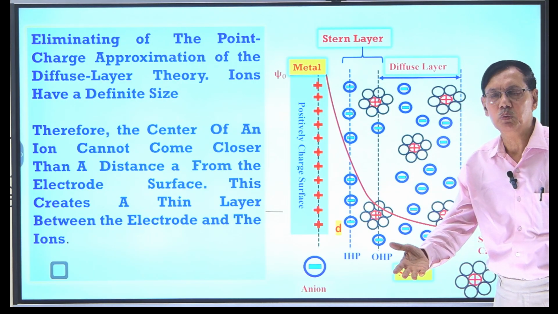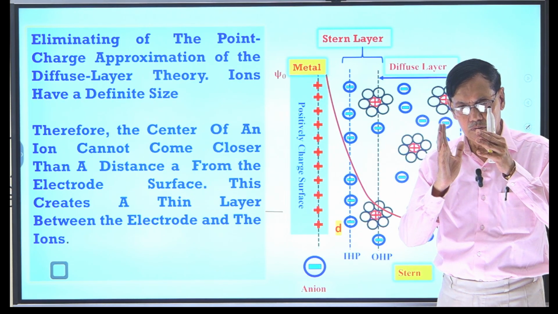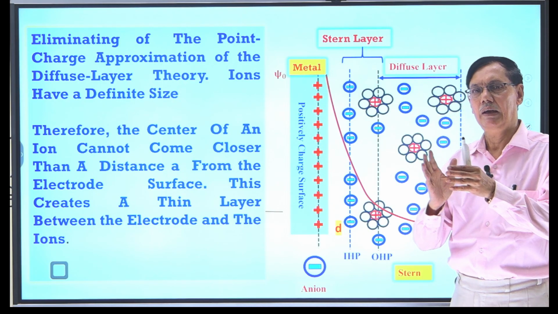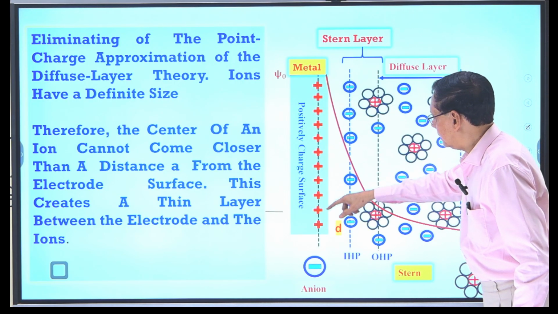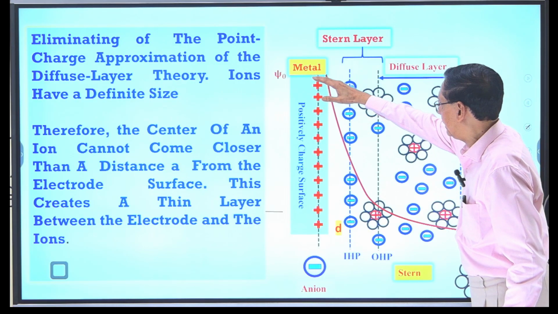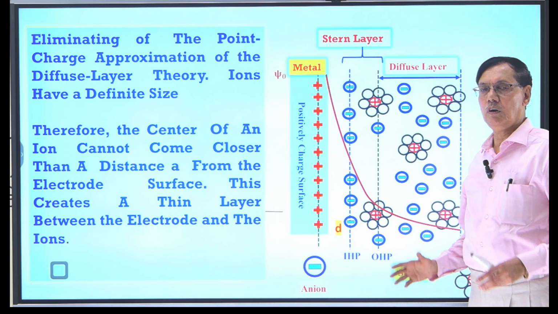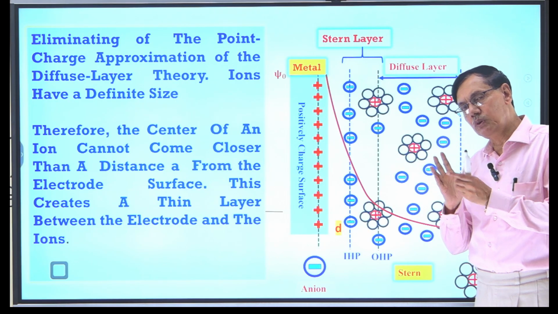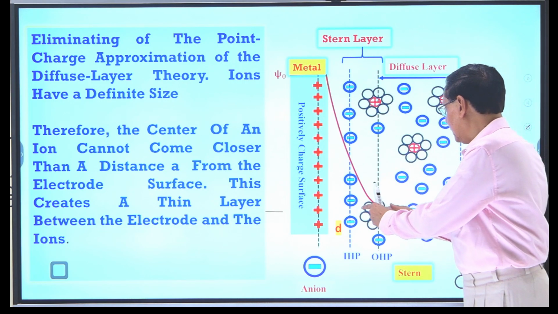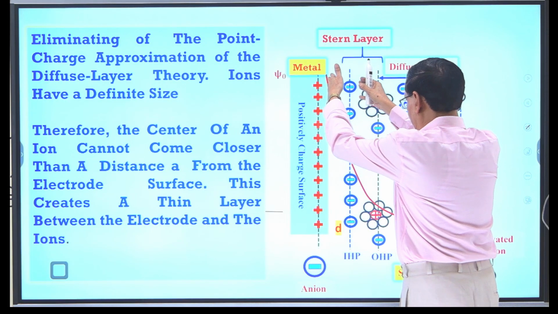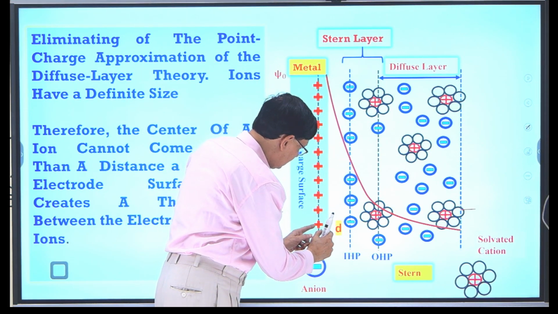So, as I told you, he combined the Helmholtz layer and the Gouy-Chapman layer. Suppose this is a positively charged metal surface, and the counter ion, negatively charged, is not very close to the electrode. It is a compact layer, just like a parallel plate capacitor, you see, and the distance between these two is d.